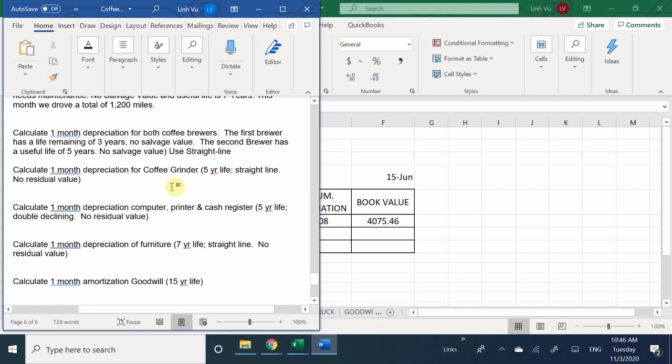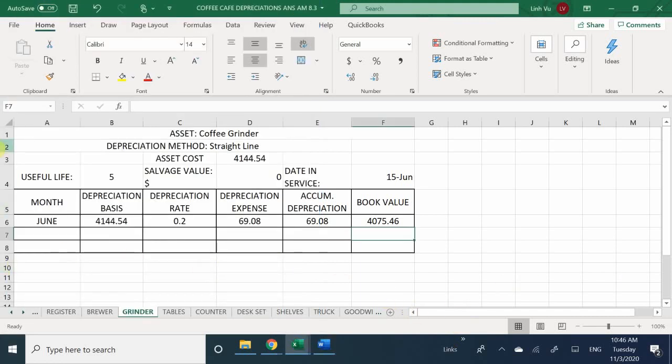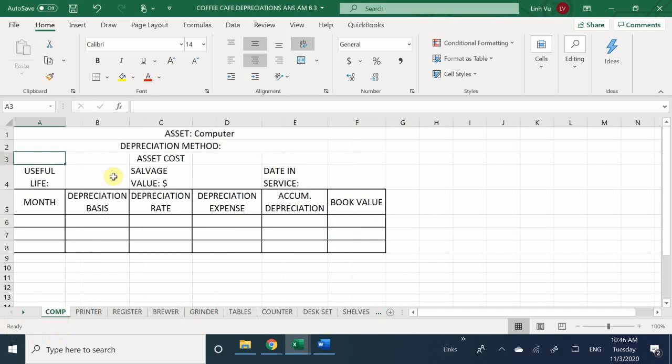Calculate 1 month depreciation, computer, printer, and cash register. 5-year life, double declining, no residual value. Okay. So we need to do double declining for the computer, printer, and cash register. All right, so let's do one at a time. So computer first.